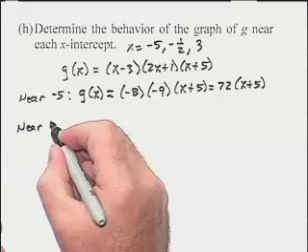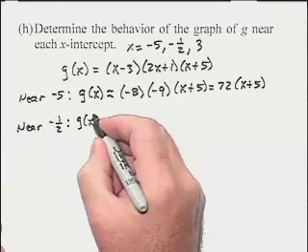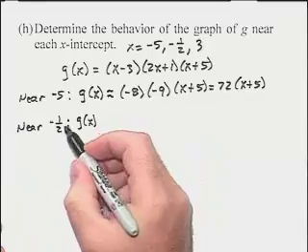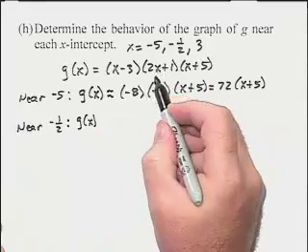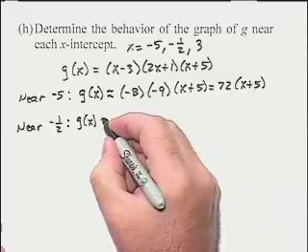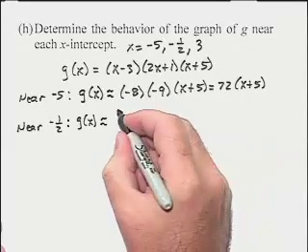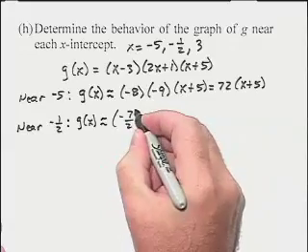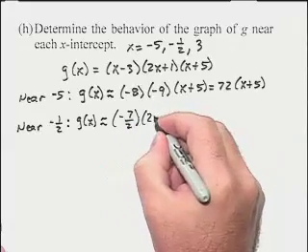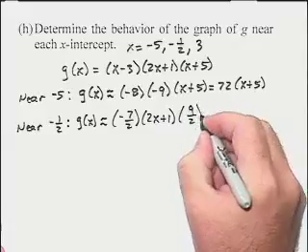Next, we'll look at the intercept negative 1/2 and do the same thing. We're going to let x equal negative 1/2 in each of the factors except for the factor that gave us this intercept. That is 2x plus 1 in this case. So g of x is going to be approximately negative 7/2 times 2x plus 1 times 9/2.